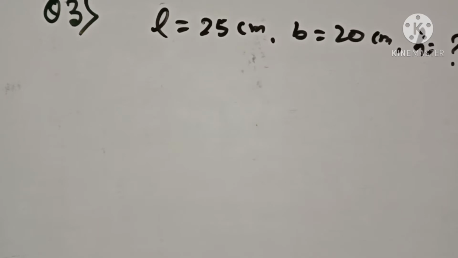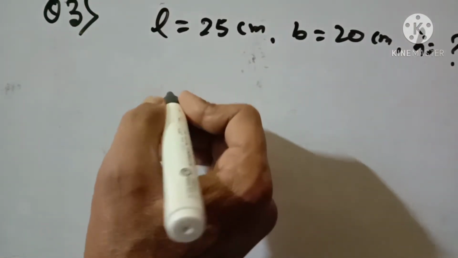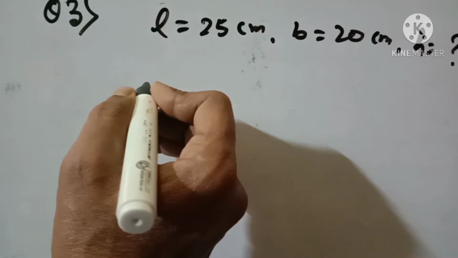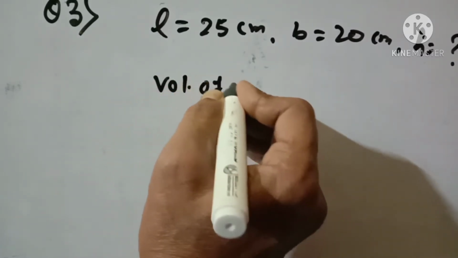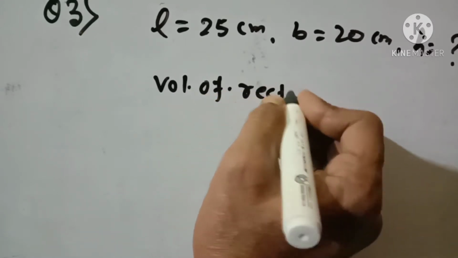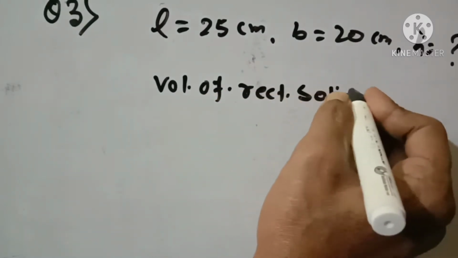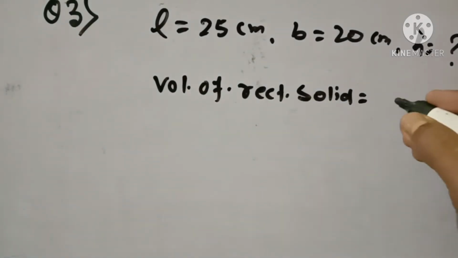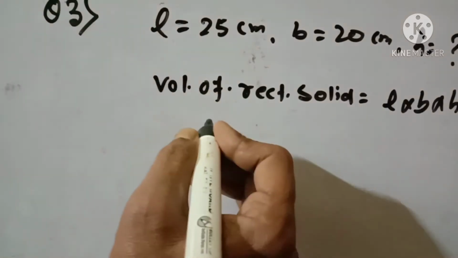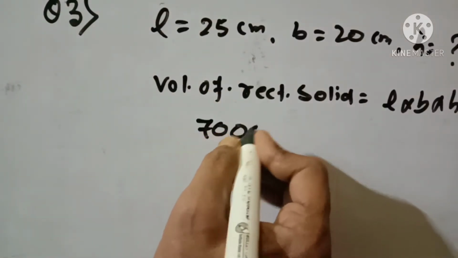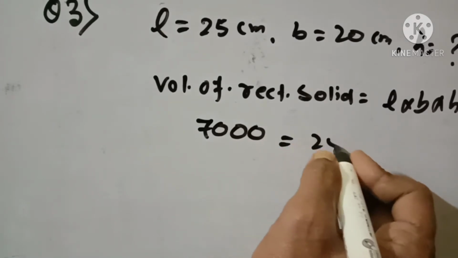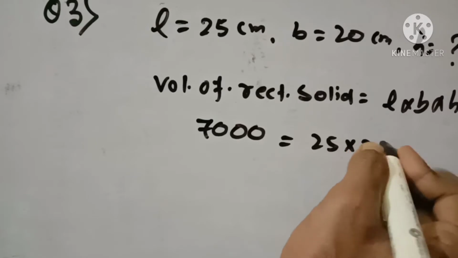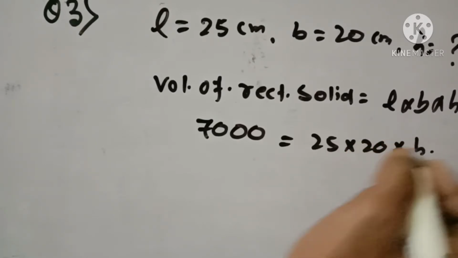Rectangular solid means this is a three-dimensional figure. So as we know, volume of a rectangular solid is equal to length into breadth into height. Here the volume is given 7000 cubic centimeter, length is 25 centimeter, breadth is 20 centimeter, and height we have to find out.